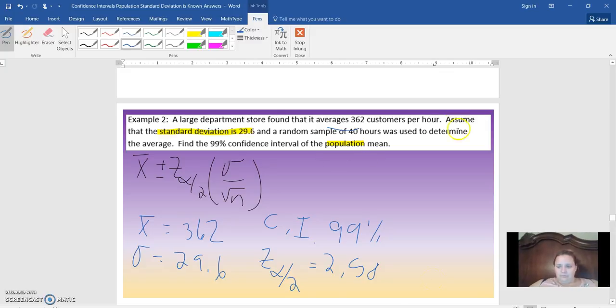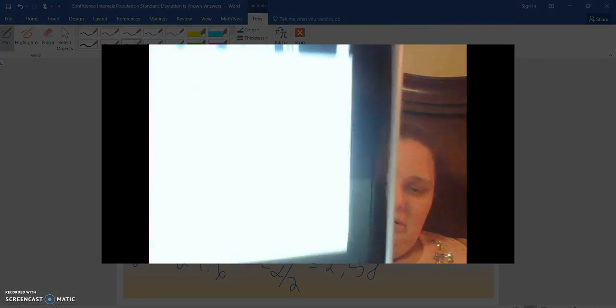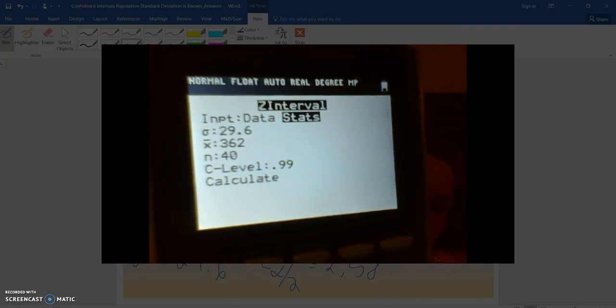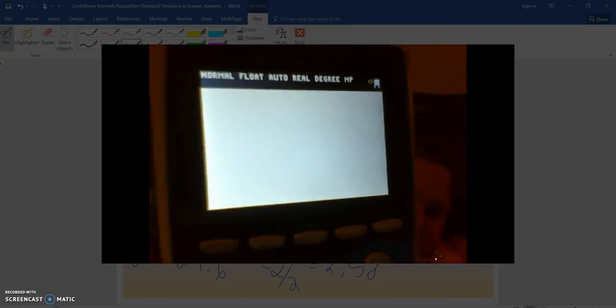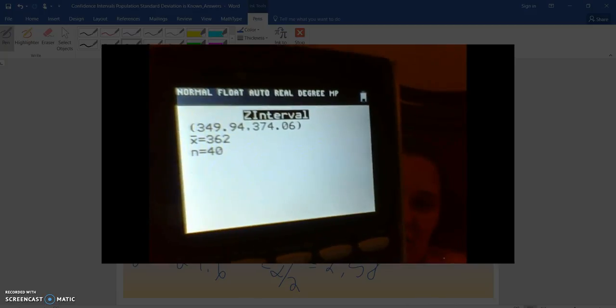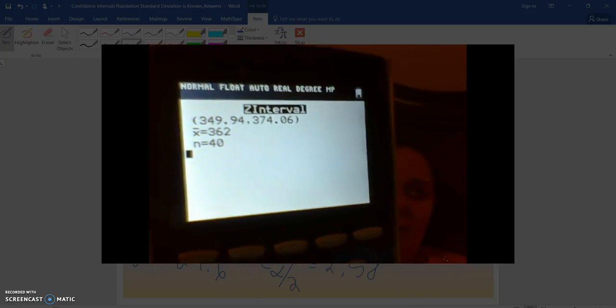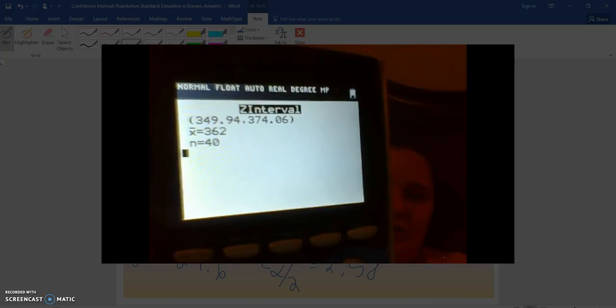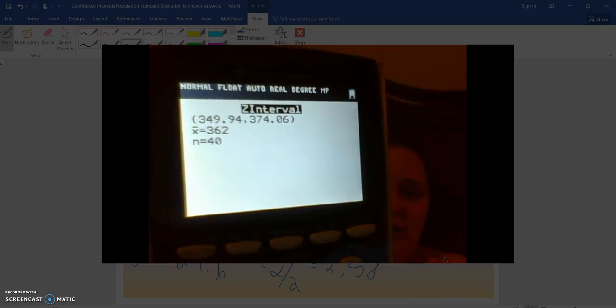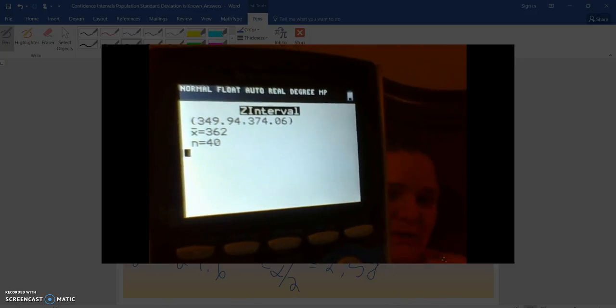All right, let me show you. Okay, so I just typed it all in there. Calculate. There we go. So I'm 99% sure that it's going to be between 349.94 and 374.06.